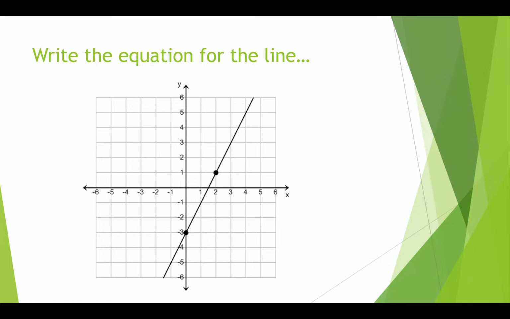So flip your 2 and your 1. And then there's one other thing, you're missing an x. Not 4 over 1, right? Because if I go over one, up 1, 2, 3, 4, I actually go over 2. So try 4 over 2.